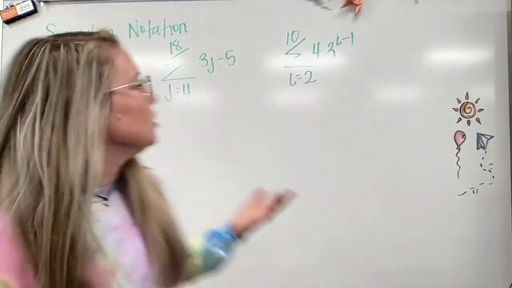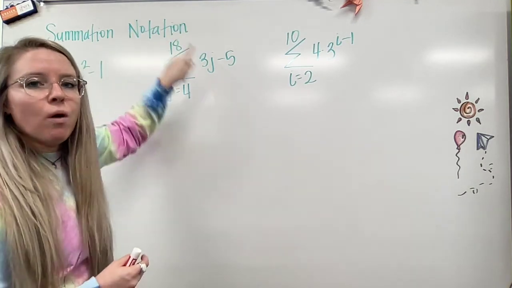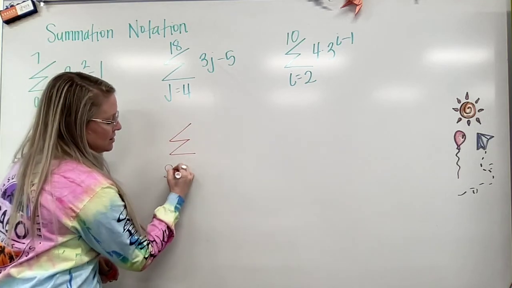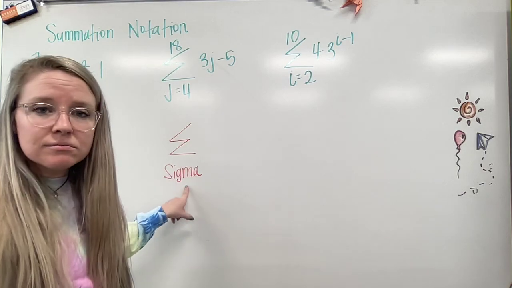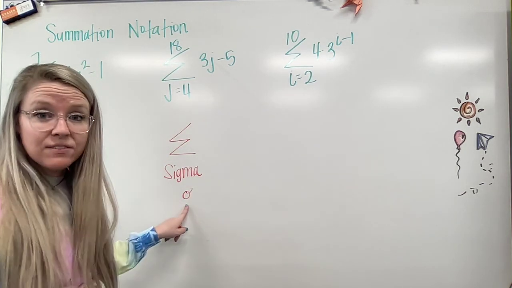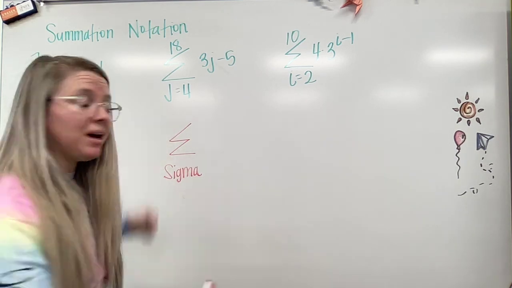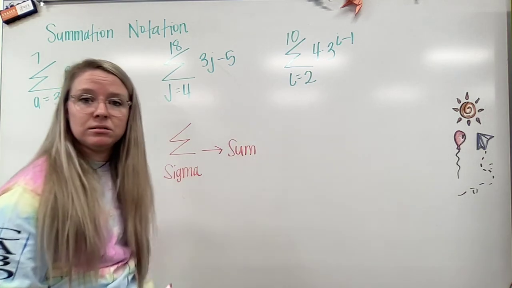What we're seeing here is uppercase sigma. It's a Greek letter. The lowercase, you used with standard deviation. But now we're using the uppercase sigma, which in math just means sum.